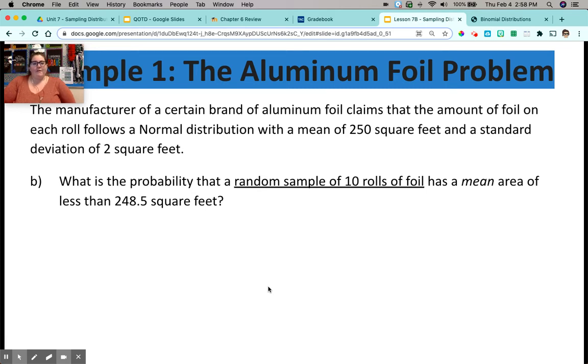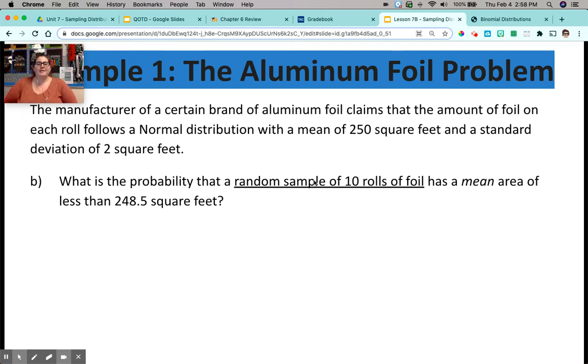So for example, if I were to take that same kind of problem stem that we started with and now ask, what is the probability that a random sample of 10 rolls has a mean area less than 248.5 square feet? Well, this is now a different question because I'm no longer dealing with individual rolls of foil. And that 250 with 2 square feet normal model that I used to find a probability for a single roll of foil is not going to help me with this sample of 10 rolls of foil.